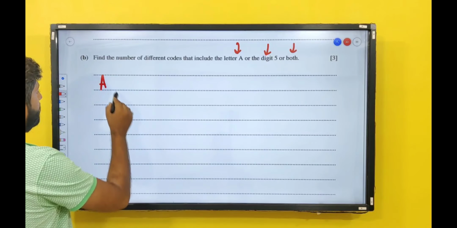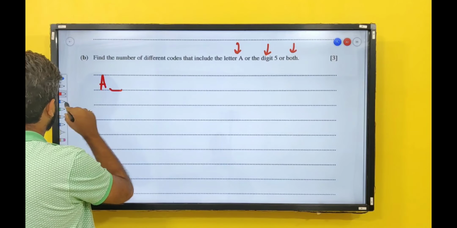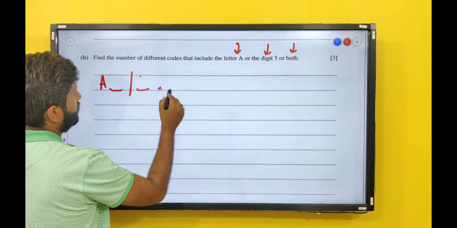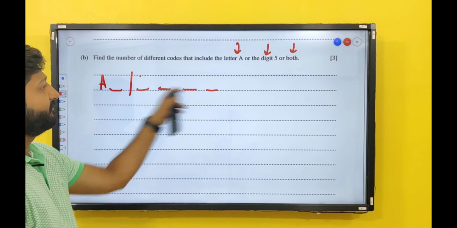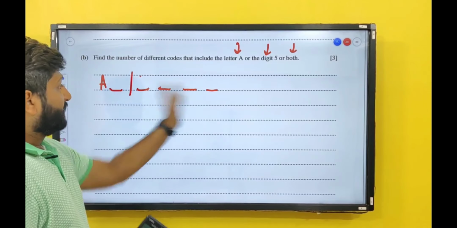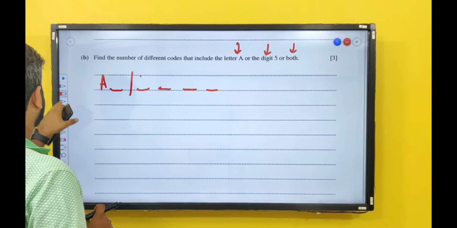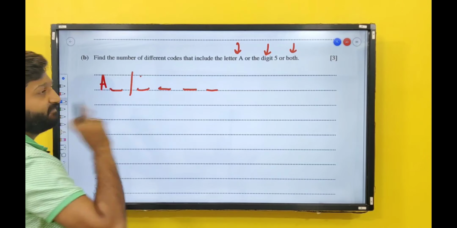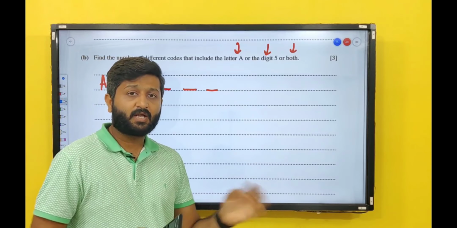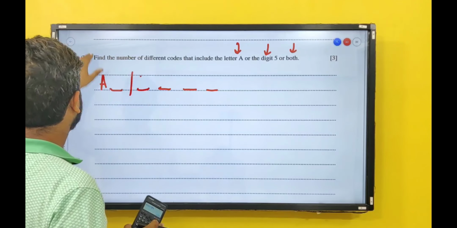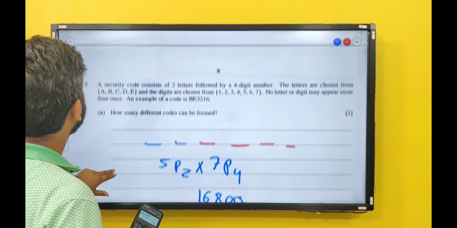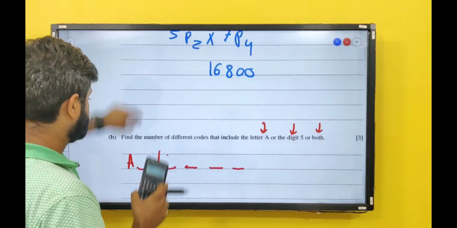Right. So this is how my pattern is going to look like. 2 letters, 1, 2, 3, 4. And I have 4 letters. Right. So now 1 letter is fixed, which is A. Now what are the options available for me? It is till E and here it is with 7.